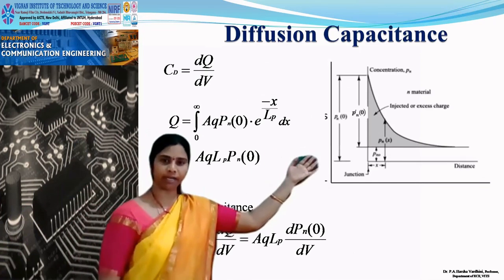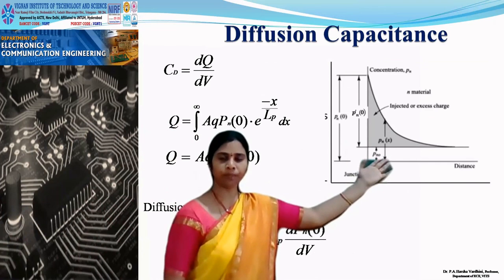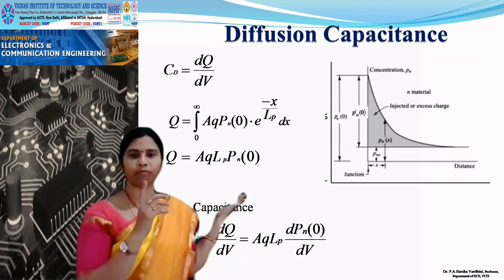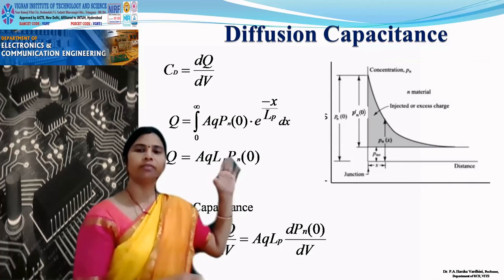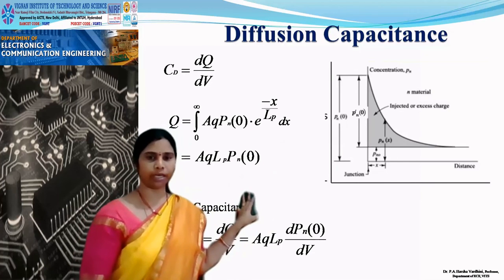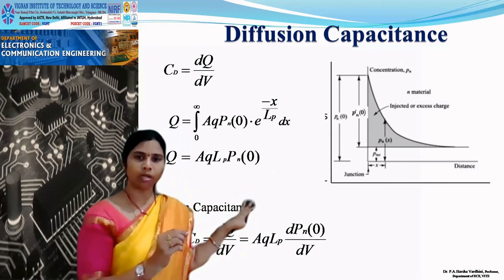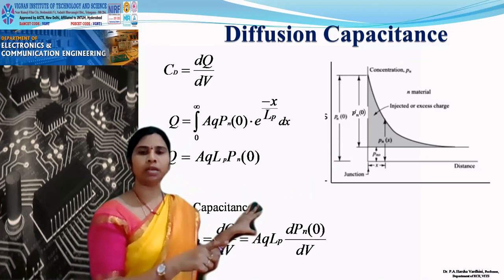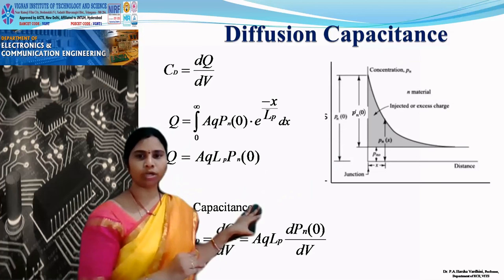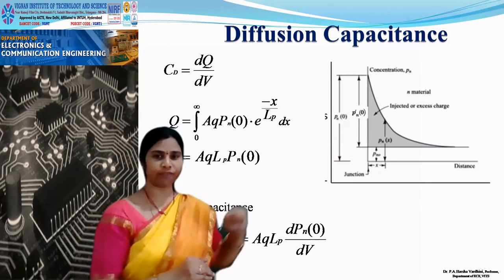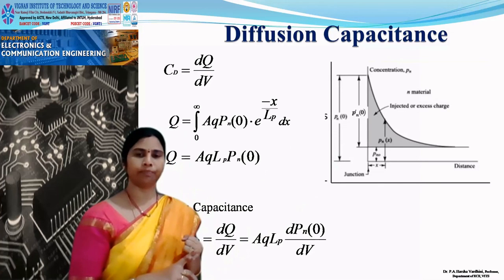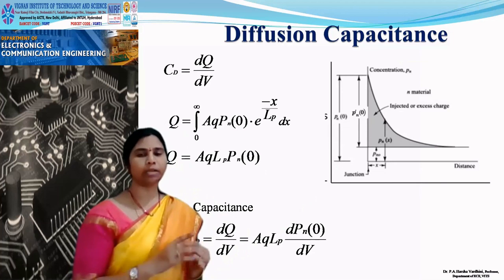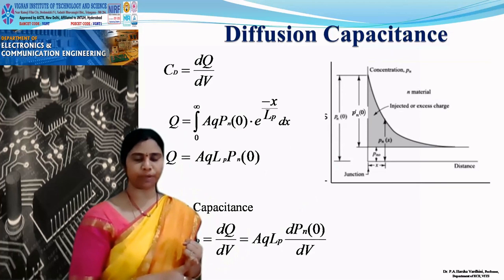Once holes have entered into this n-type region, let us take one hole out of 100 holes. They have entered into this n-type material. Whether that hole will move to the end of the material or in between, it may recombine with the electron. How much length it can diffuse? It is called Lp. And the proportionality constant is Dp.